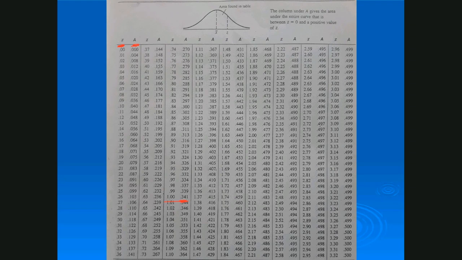If we have a z-score of 2, that means we're 2 standard deviations away from the mean. Then we have approximately 47.7% of our data, 0.477. And so this is how we read this table.